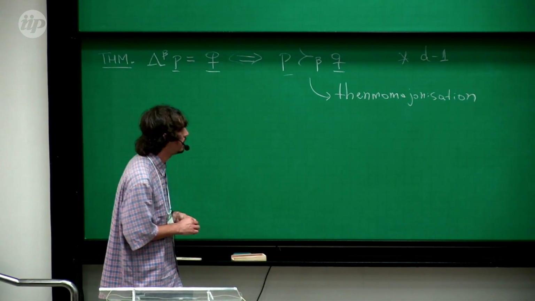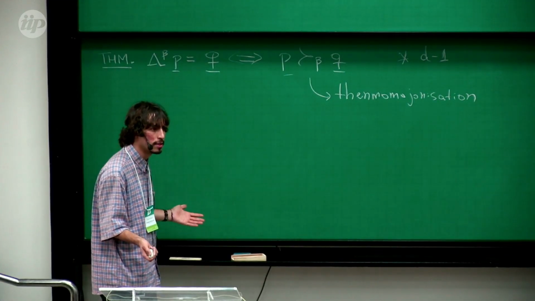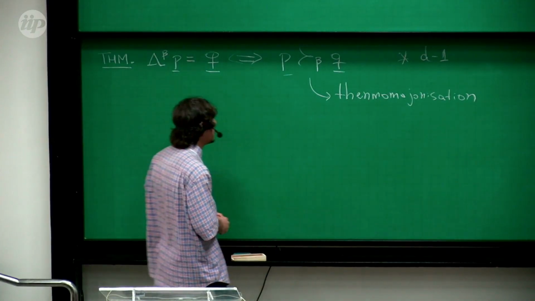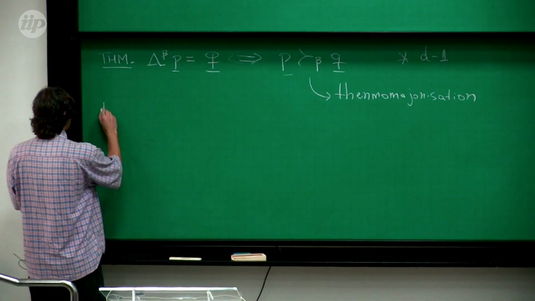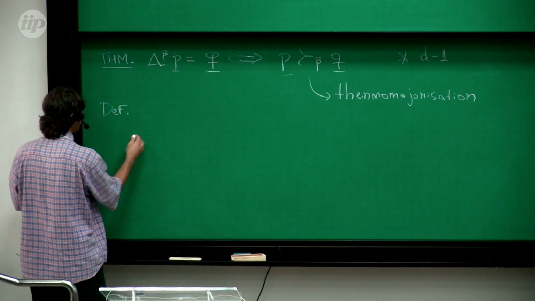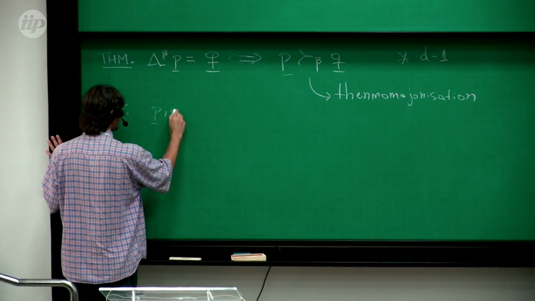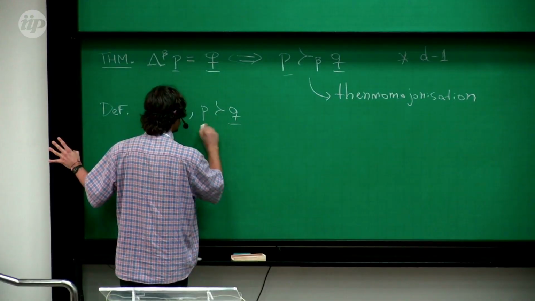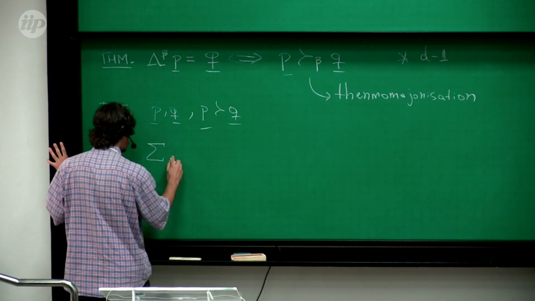Because we are far from equilibrium, we have minimal assumptions, and still we can give a very simple answer for this problem. Yesterday I defined majorization as follows: given P and Q, we say that P majorizes Q if the following inequality holds. So let me write it here.